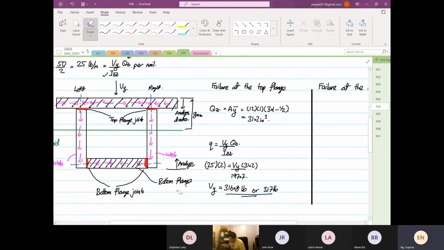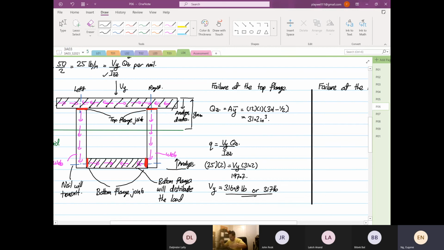Okay, I better write properly. It will distribute the load. And then the nail will what? Transmit, yes or no? So it needs to distribute first, then it can transmit.